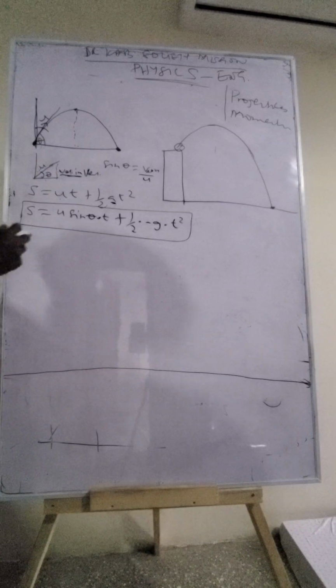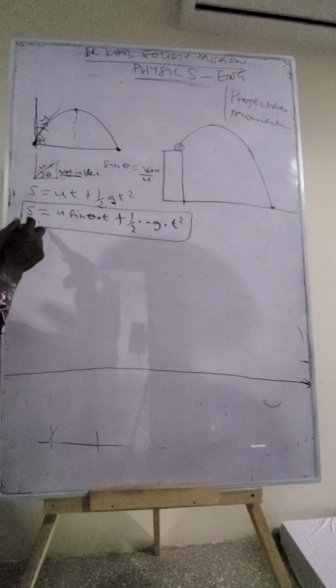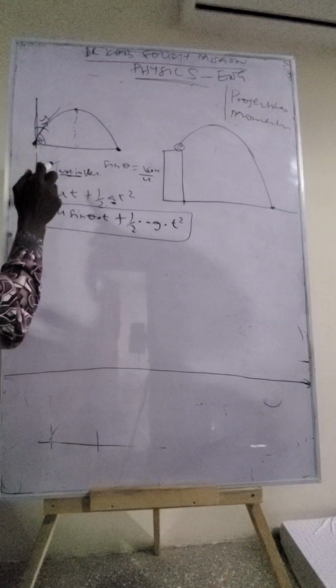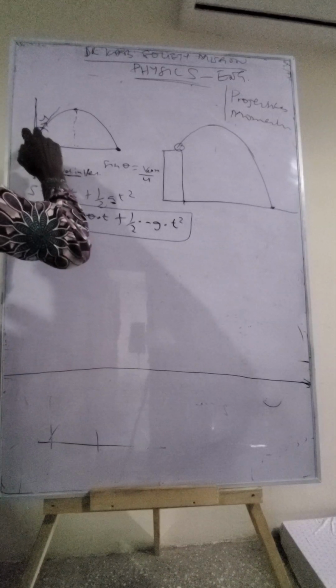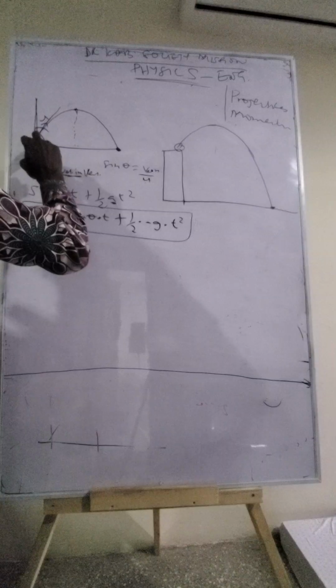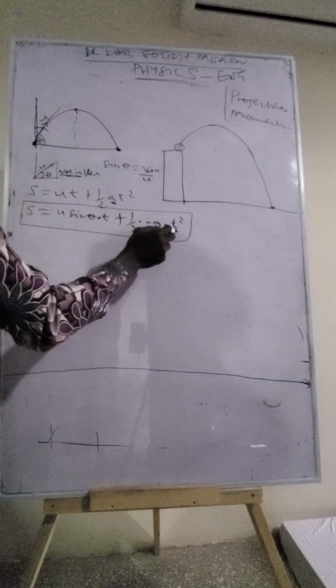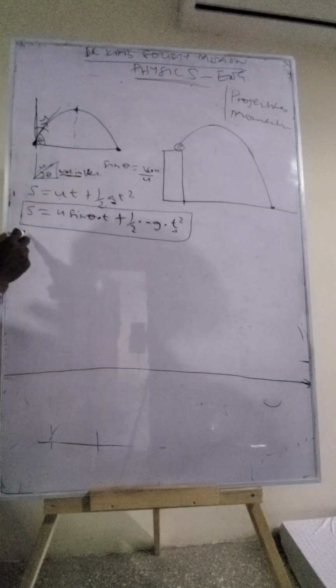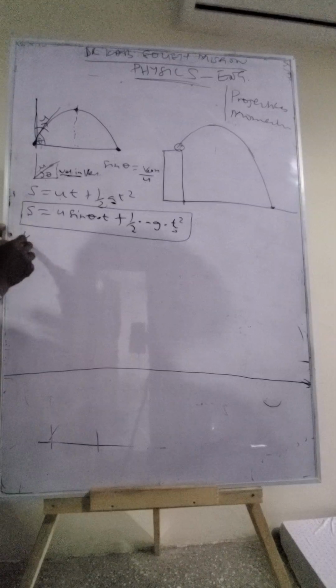Okay, if this is the initial velocity and you are looking at the distance, let's say from here, that is the time taken for this one to get to this one. Somebody can say, I just want to look at half. If you want to look at half, then it's half of this distance.